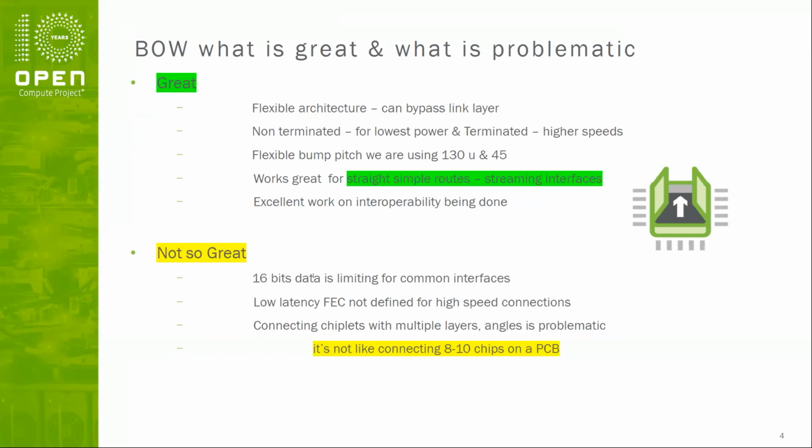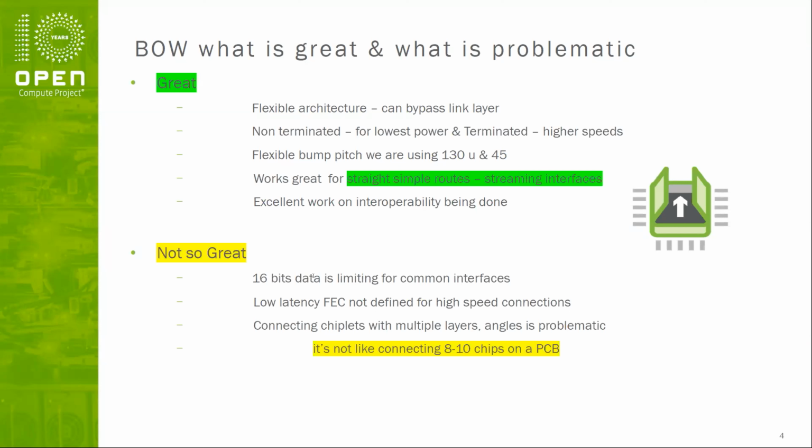So I just want to share the good and maybe not so good. We like the fact that, because of the market segment that we're targeting, there are link layers, but you can also bypass the link layer if you have some specific needs. It's also very flexible. You can do non-terminated or terminated.